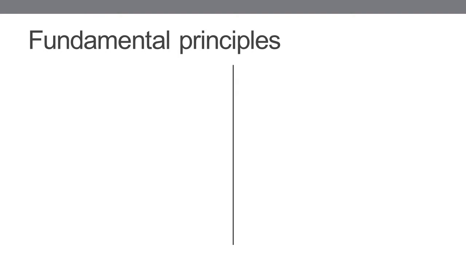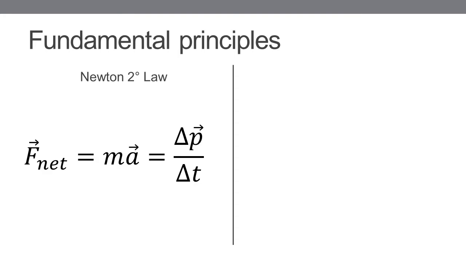The fundamental principles used in this lab are Newton's second law, that is a secret of the universe and relates the rate of change of momentum with all the forces exerted by the environment to an object.